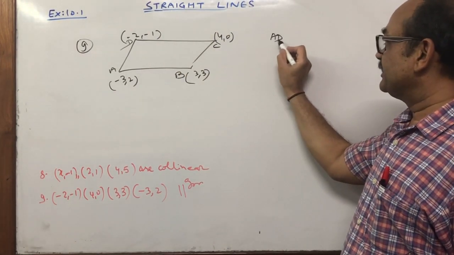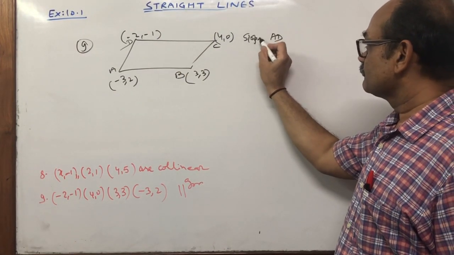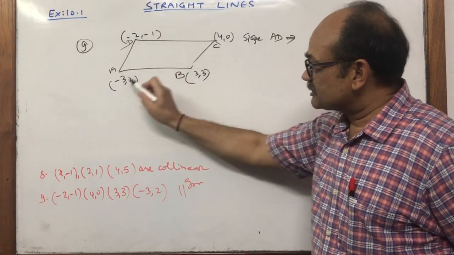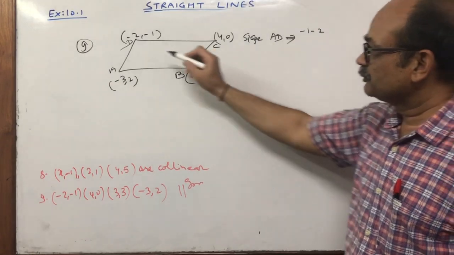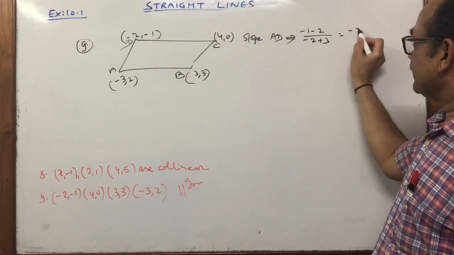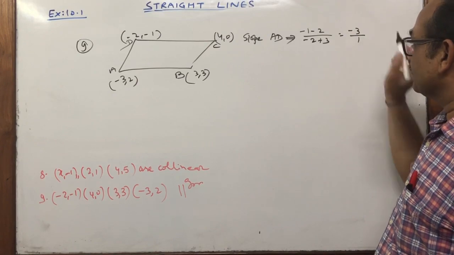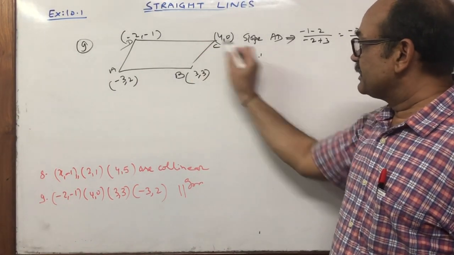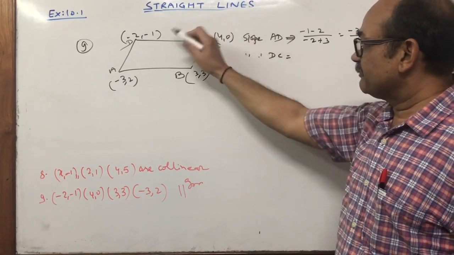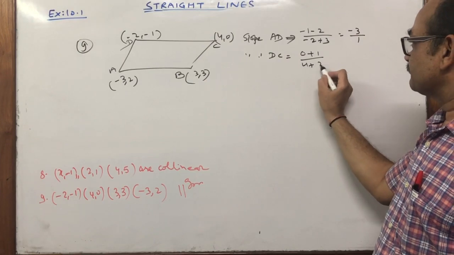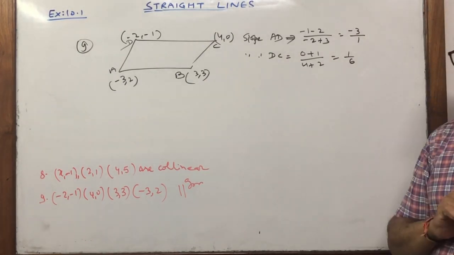First we start with AD. Slope of AD will be second minus first, minus 1 minus 2, minus 2 plus 3, that is minus 3 divided by 1. Clear? Slope of DC, second minus first, that is 1 by 6.